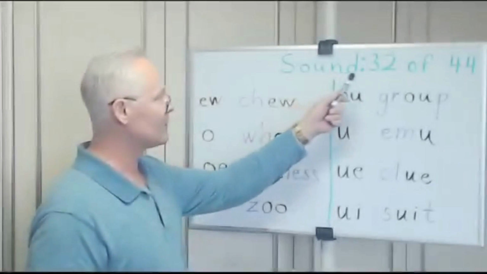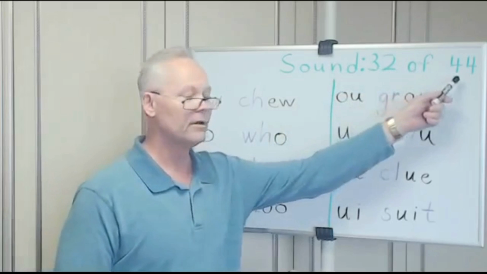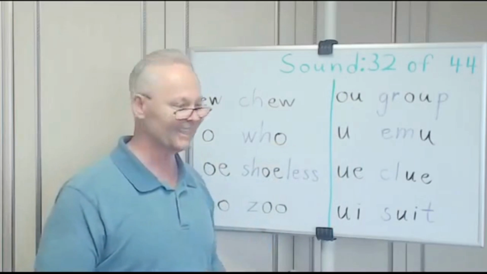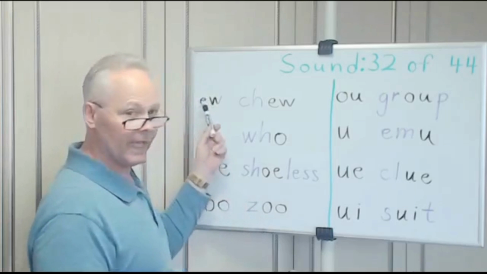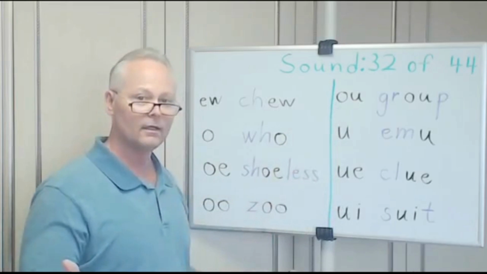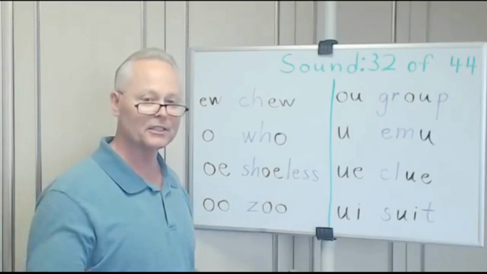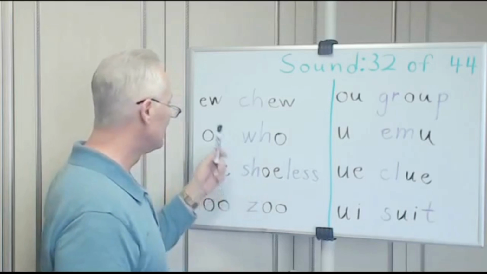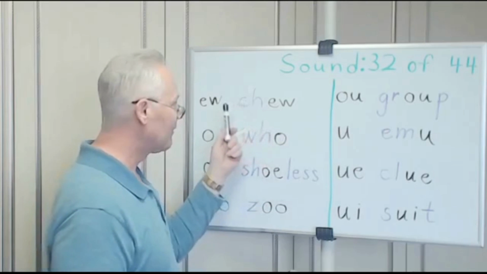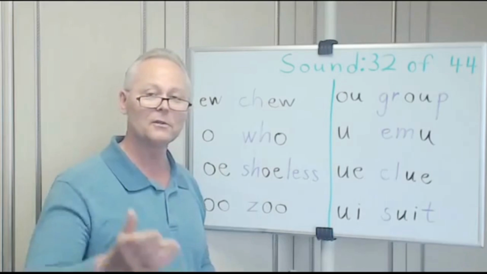Hello. Sound 32 of the 44 sounds that make up American English. Here we have 4 letters and letter combinations for the sound. What sound? How about ooh? It's ooh.